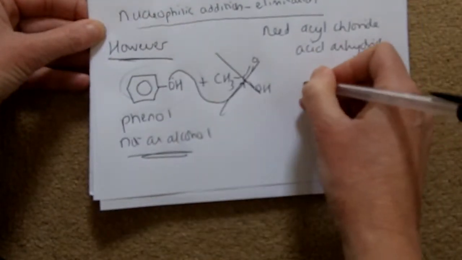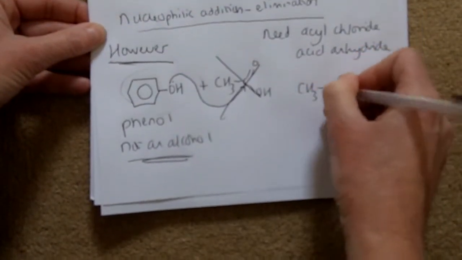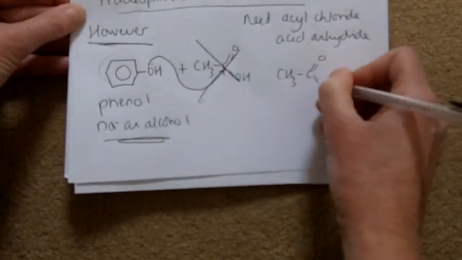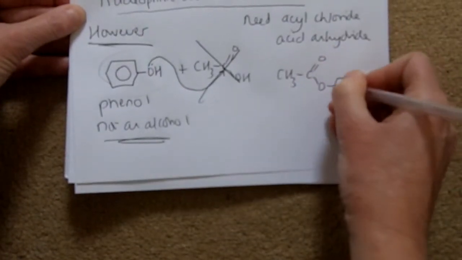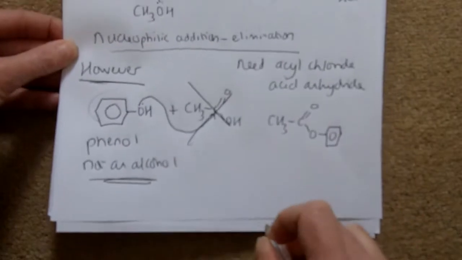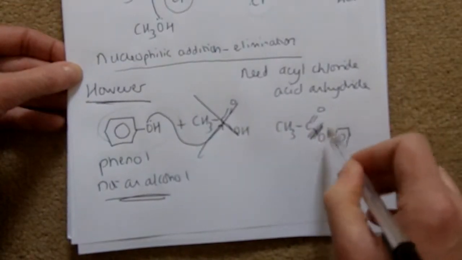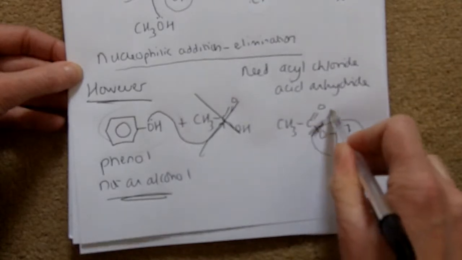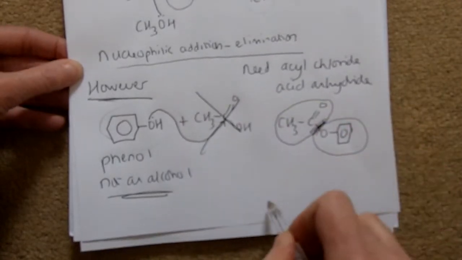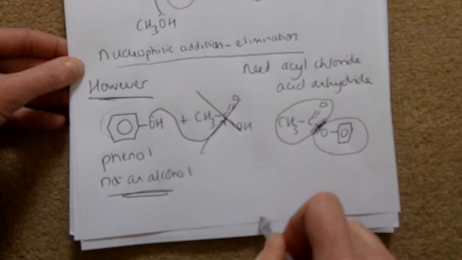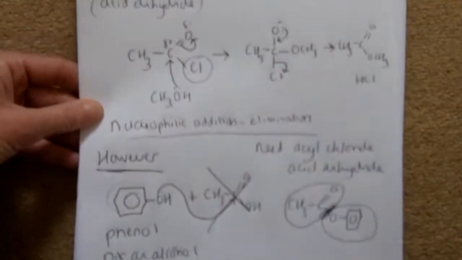So if I said to you, how do I make this ester? In order to make that ester, I need phenol, and I need either an acyl chloride or an acid anhydride. Okay, so that's how you make an ester.